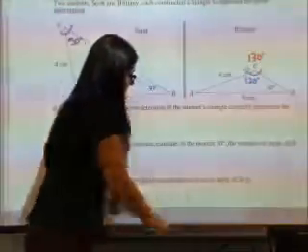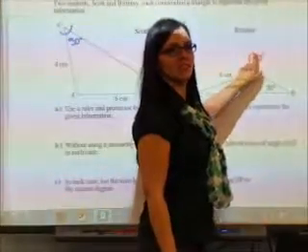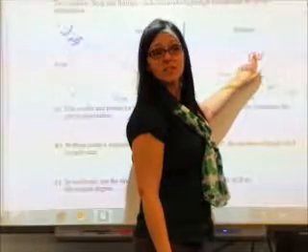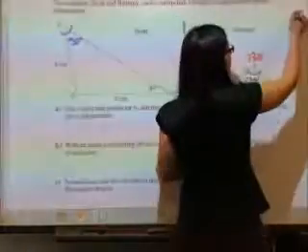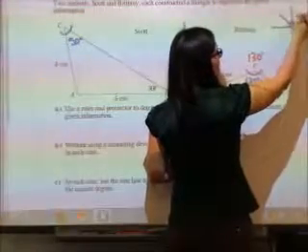What do you notice about the numbers 130 and 50? They equal 180 degrees. What quadrant is 130 degrees in? It's in quadrant 2. So if I drew a picture of 130 degrees, it would be like this.